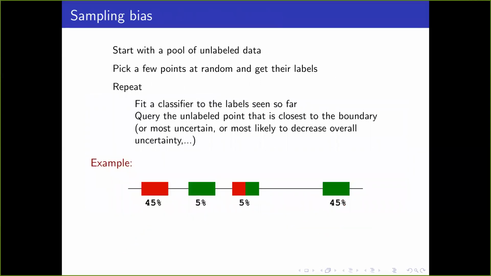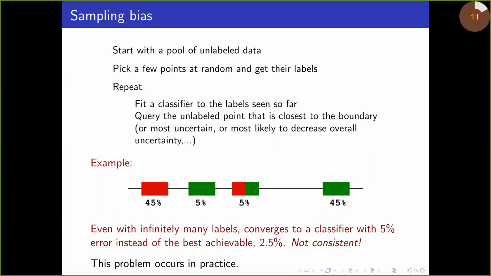Okay, so the claim is that there is a failure mode for pool-based active learning. And I think what people observe in practice is that sometimes this failure mode actually happens, sometimes it does not, but it's definitely there, and it is a real concern.